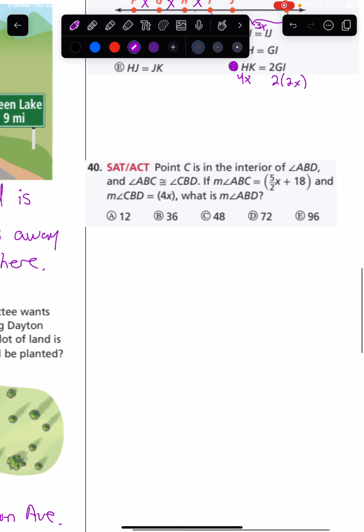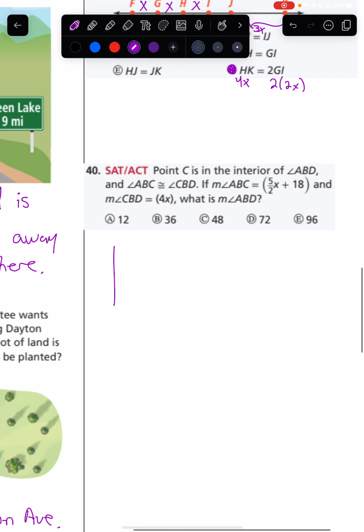Last question. Point C is in the interior of angle ABD. We're going to have to draw a diagram here. And ABC is congruent to CBD. If the measure of angle ABC is 5/2 x plus 18, and the measure of angle CBD is 4x, what is the measure of angle ABD? Let's draw ourselves an angle here. Just like that.